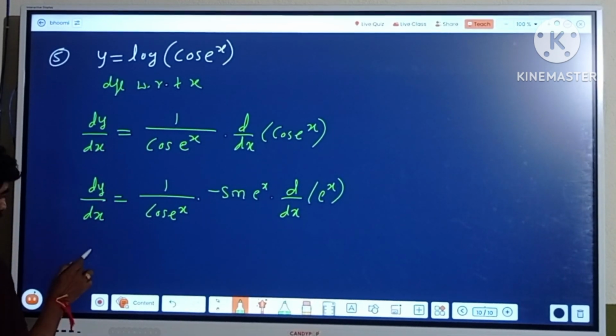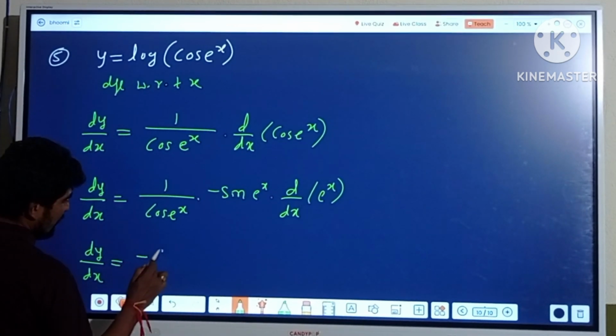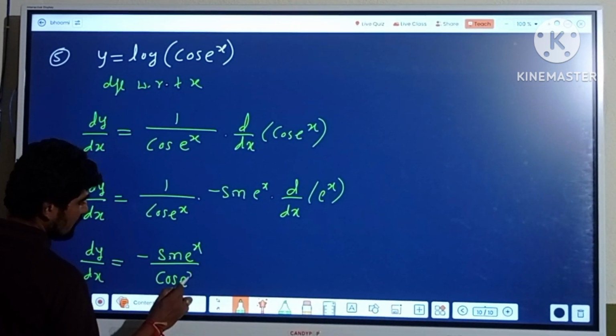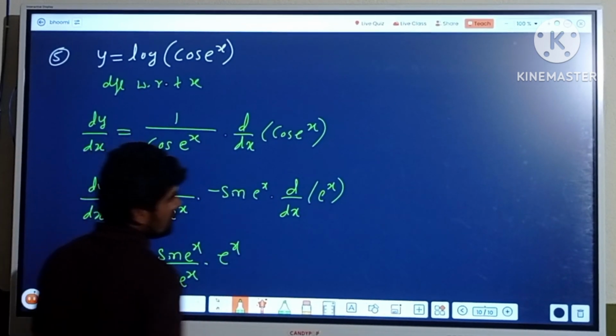Therefore, dy by dx is equal to minus sine e power x divided by cos e power x, into derivative of e power x, which is e power x.